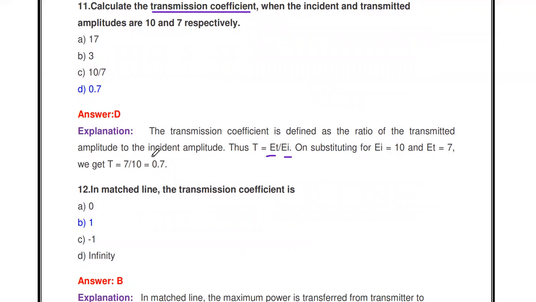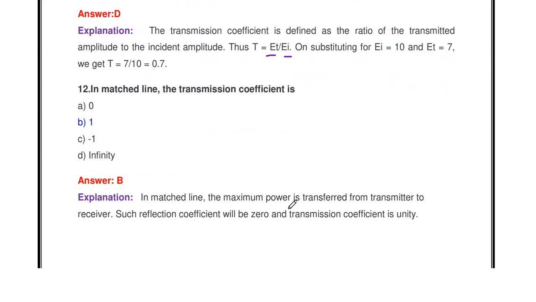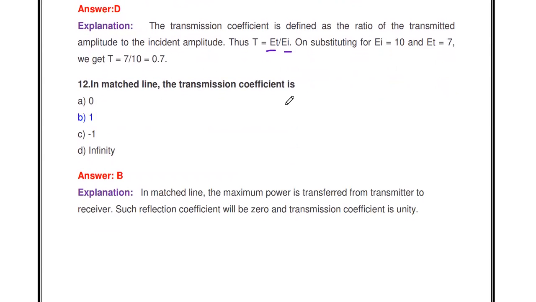The transmitted amplitude is 7, incident amplitude is 10. So 7 divided by 10, it's 0.7. This is the transmission coefficient. Transmission coefficient means the ratio of transmitted amplitude divided by incident amplitude.